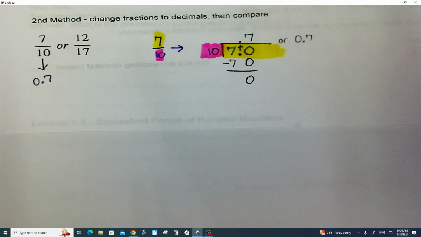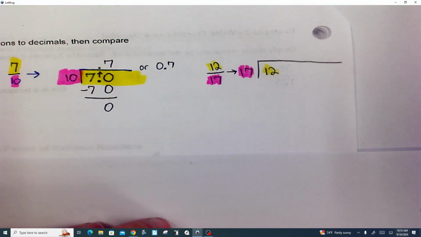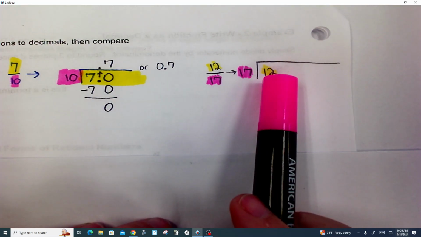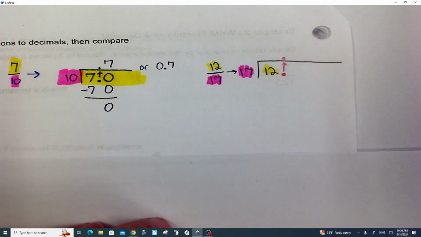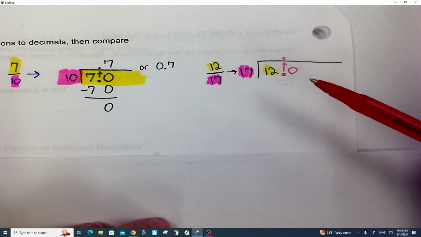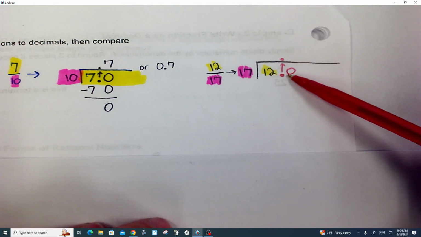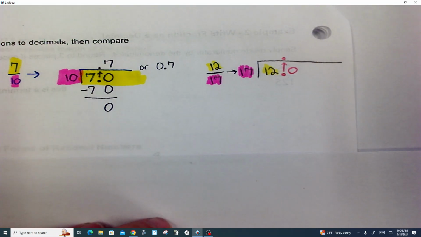The 12/17 is a little bit more of a challenge, and I'll have this to show you. Again, the numerator goes inside of the division box, the denominator goes outside. Add the decimal, and this is where your frustration usually starts. Can 17 go into 120? I'm going to help you out. It goes in 7 times. There's 1 left over, and because there's something left over, just add another 0 and bring it down.